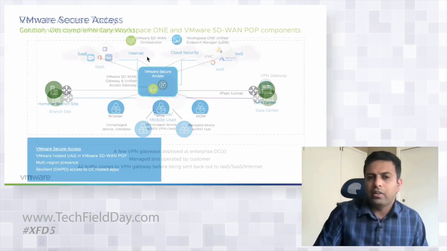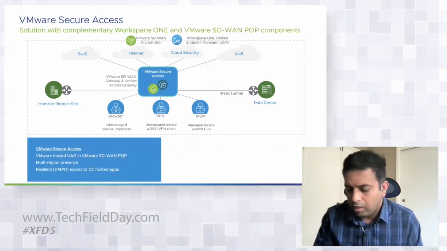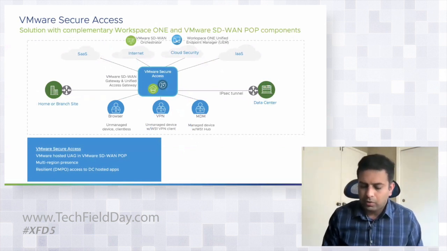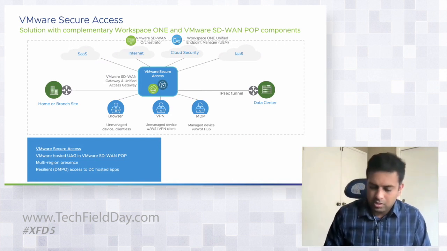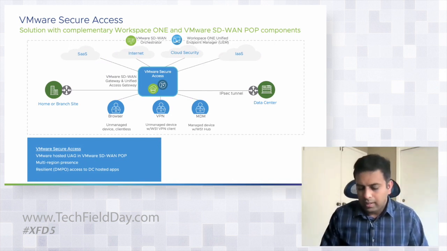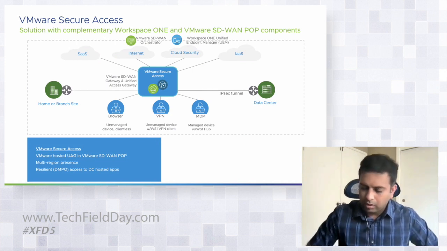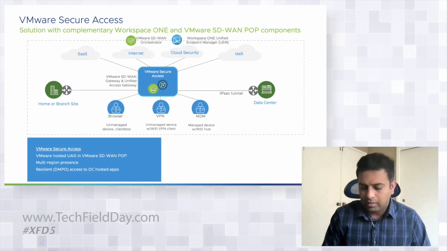In order to address these, what we have done with VMware Secure Access is we offer this as a service to our customers. Craig talked about how our gateways are globally located at different locations, right?